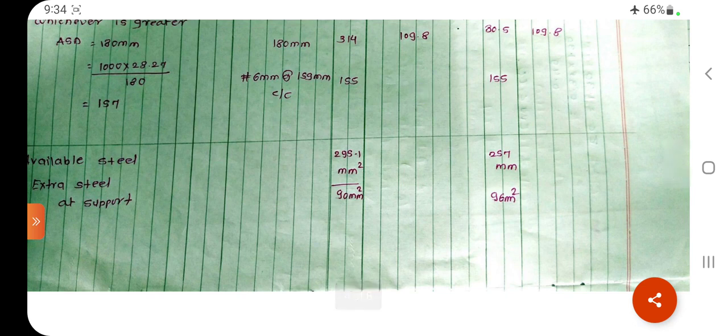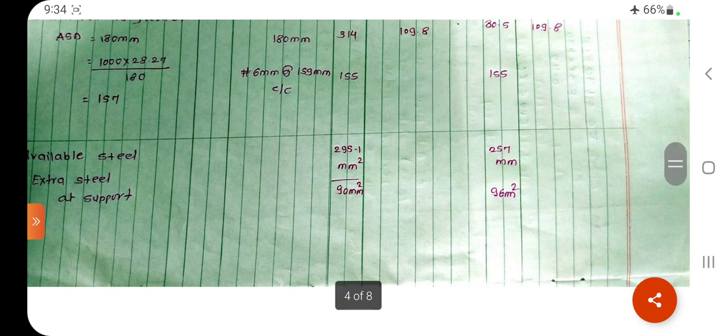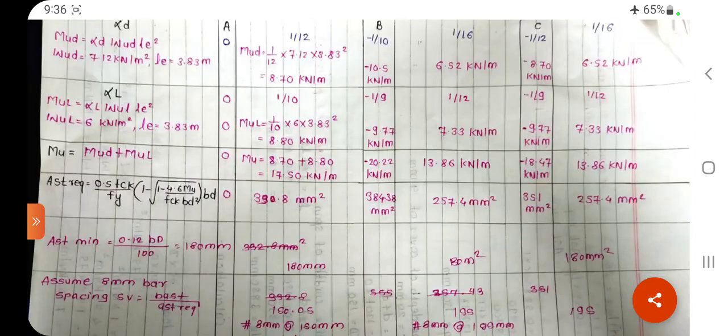Now here in the case of one way slab, we need to calculate the extra top bars at the support. Let us learn what this support steel is first, and then we will calculate it. See here, students, what these extra bars or support steel are.